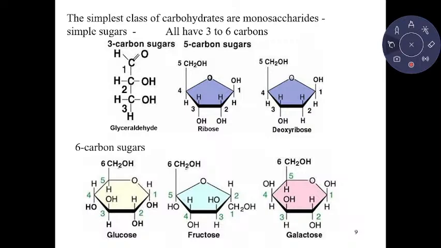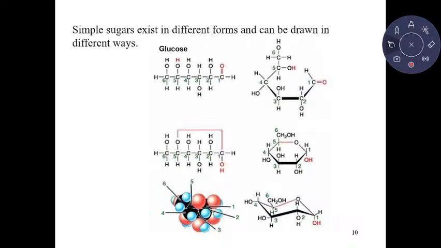Okay. Now coming to the next slide. Simple sugars exist in different forms and can be drawn in different ways. They exist in different forms because they are optically active.